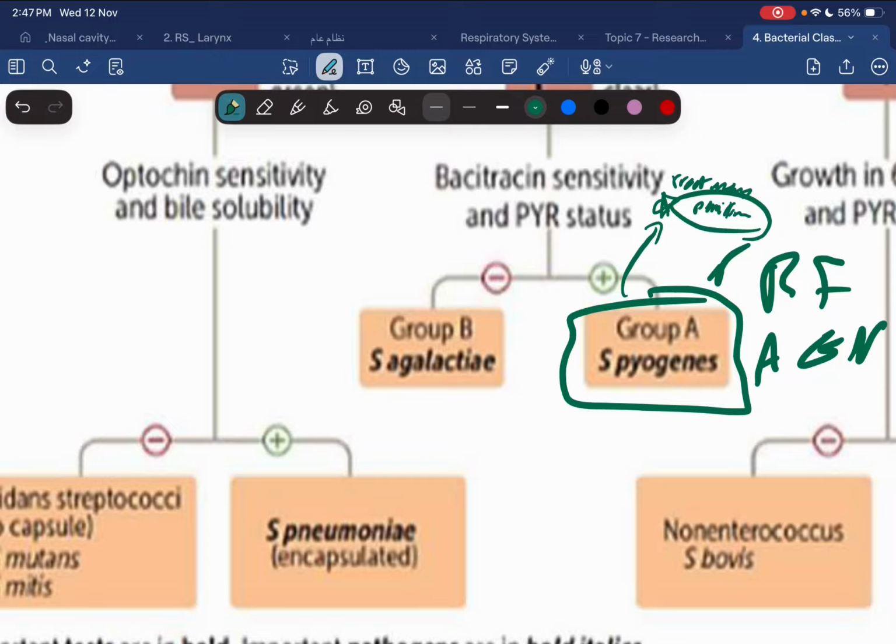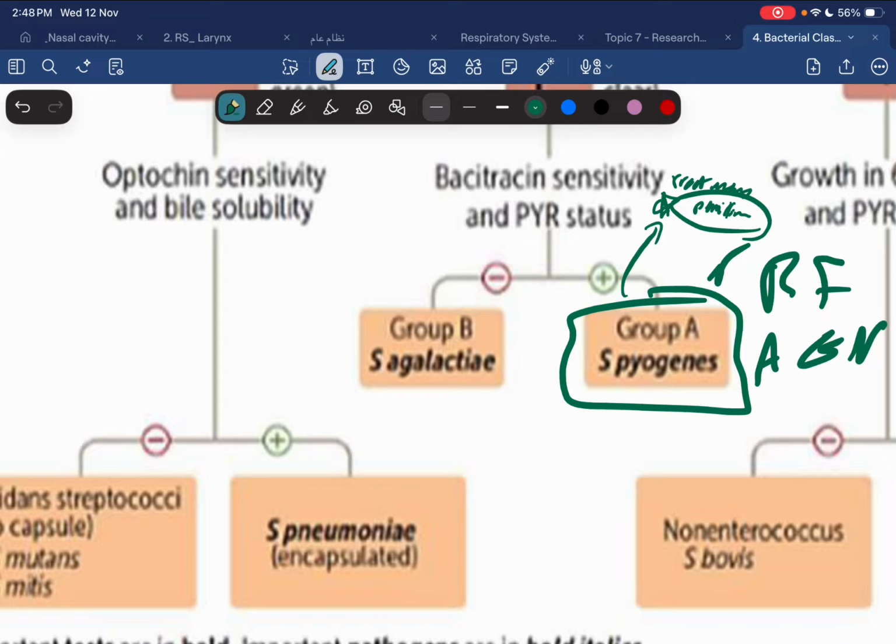Looks like an arrowhead. What's an arrow? The spear. Looks like an arrowhead, so that's CAMP factor positive, such as agalactiae. Here there is hemolysis but it didn't give me the arrowhead. Do you see the difference between this one and this one? Between A and B? Clear? Remember this. Since you are in attendance, I really appreciate that you've attended.